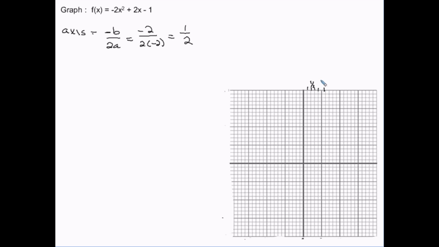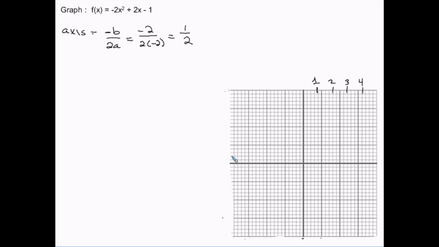And then 1.5. Let me make that clearer. So I've got 1, 2, 3, 4. There's 1. 1, 2, 3, 4 is 2. 1, 2, 3, 4 is 3. 1, 2, 3, 4 is 4. I'm going to do the same thing coming up.